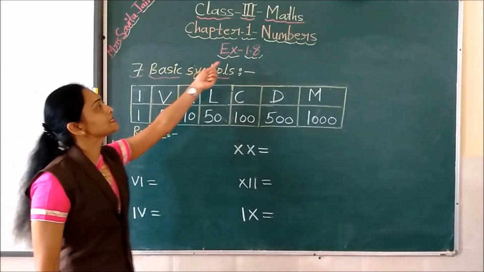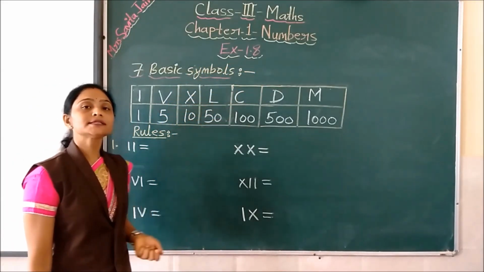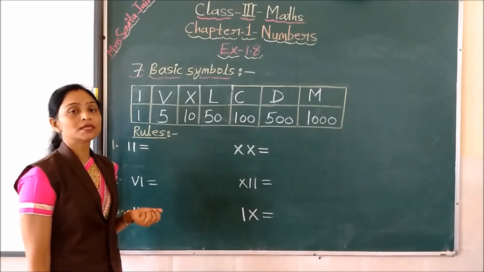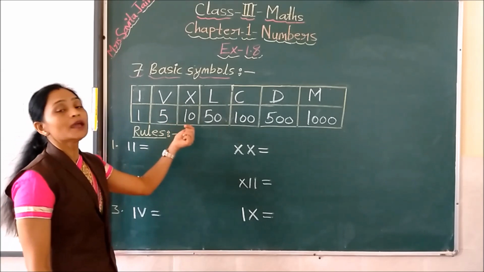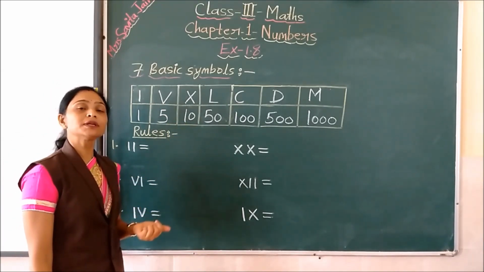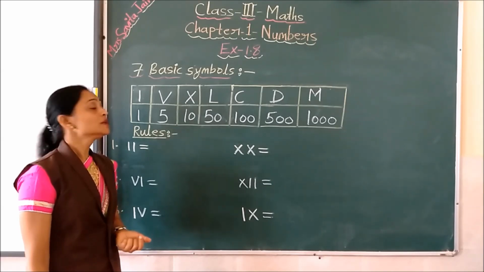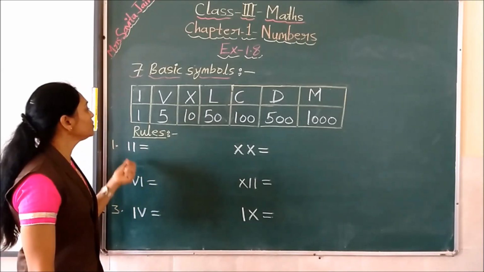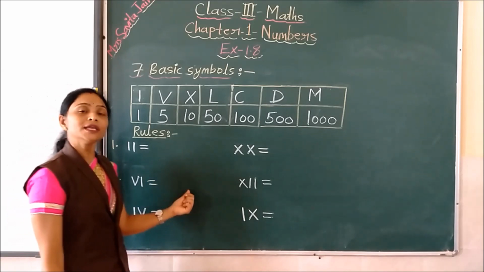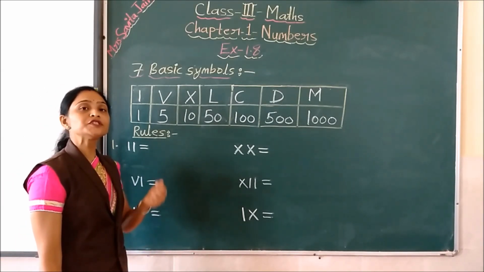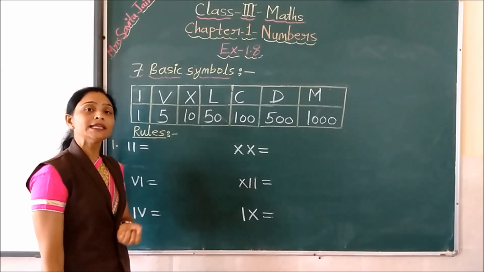Children, let's see now exercise 1.8. This exercise is based on Hindu-Arabic numerals and Roman numerals. So first of all we will see how to write Roman numerals and how to write Hindu-Arabic numerals. Yes children. So see children, Hindu-Arabic numerals are the counting numbers only which we write every day, which we use in our daily life.